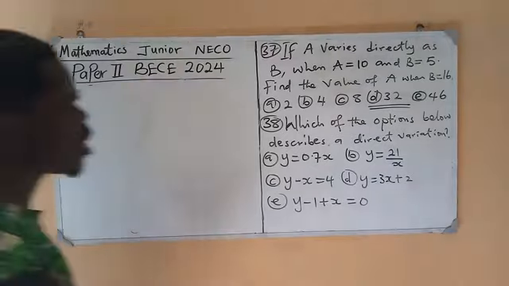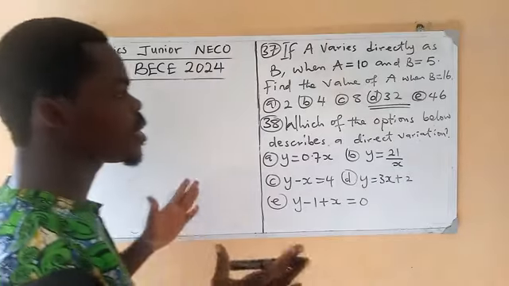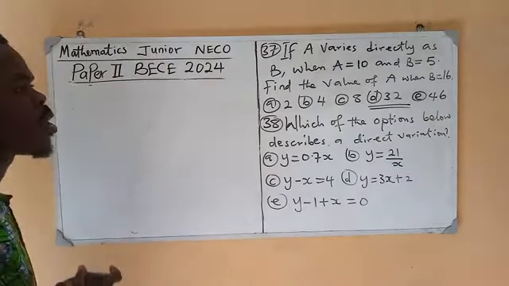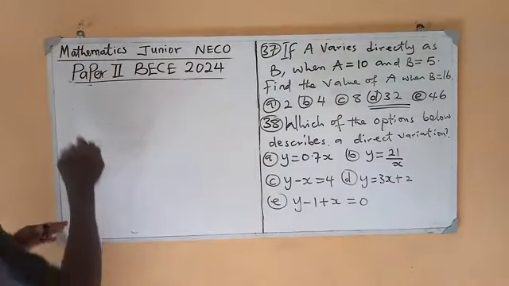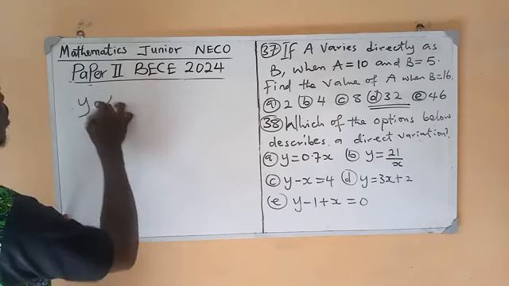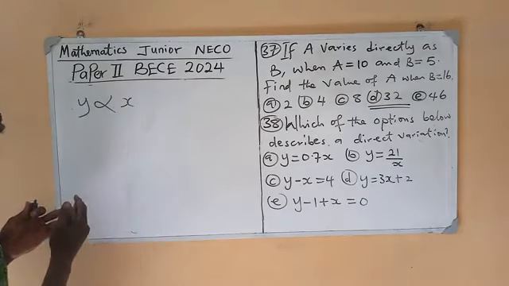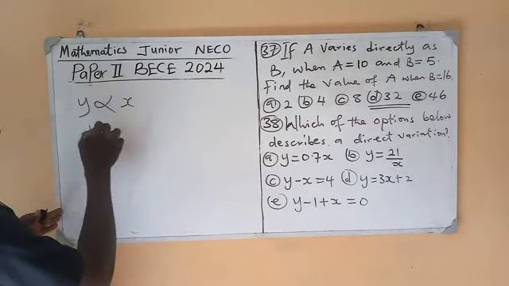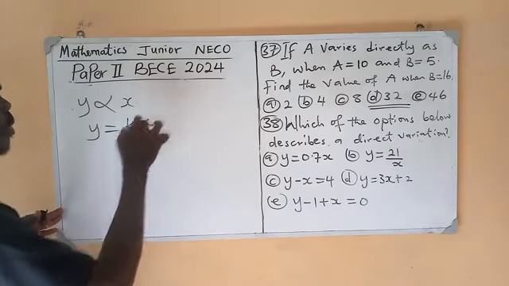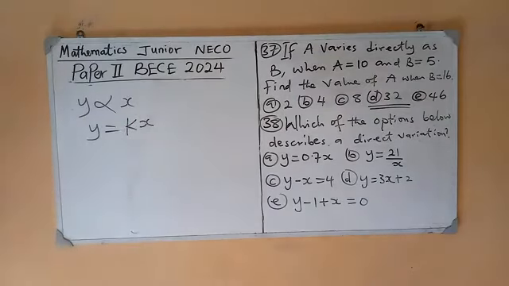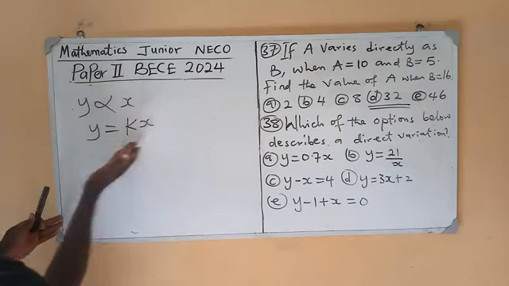Alright, now the question asks, which of the options describes a direct variation? Since we have the two variables x and y, we can say y varies directly as x. Bringing in the constant of proportionality, we have y equal to kx. So we need to look out for the options that are in this form.